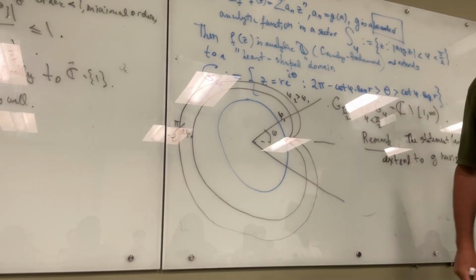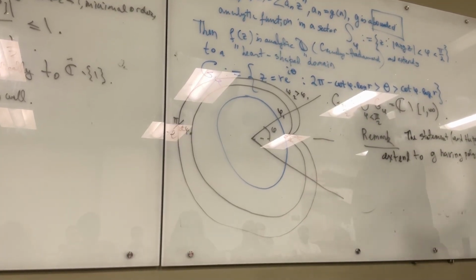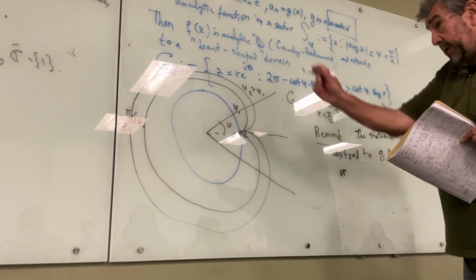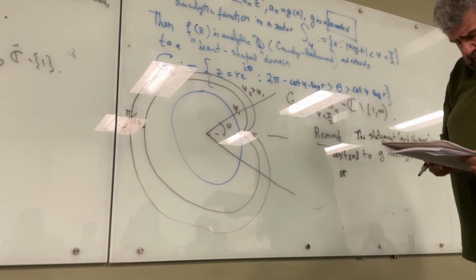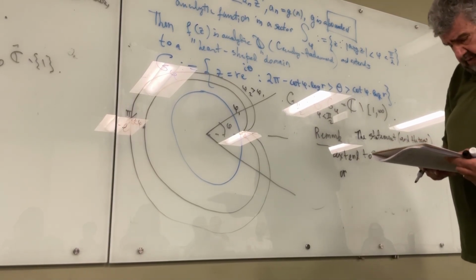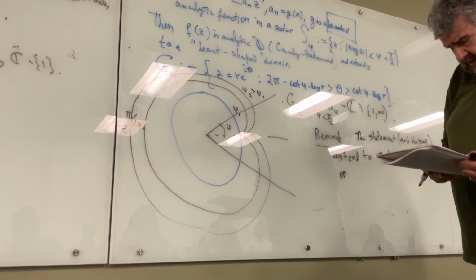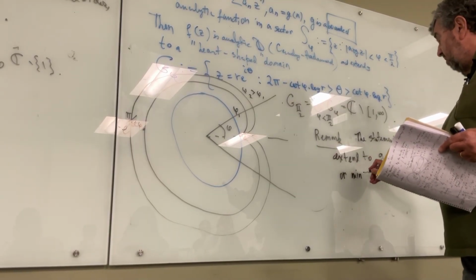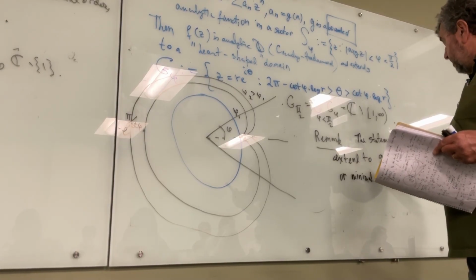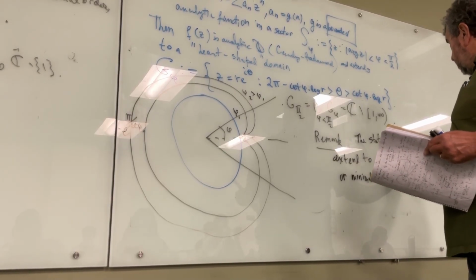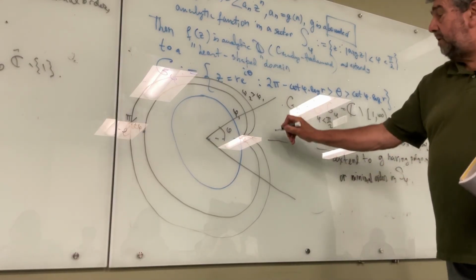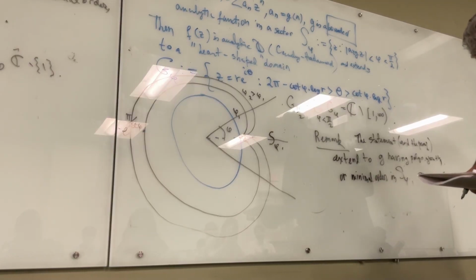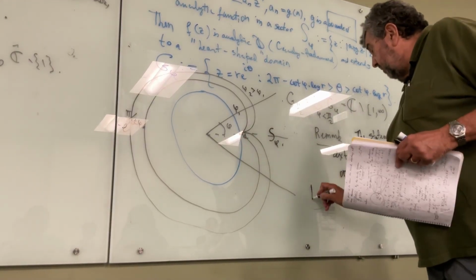Instead of being bounded in the sector, it grows not faster than some power, or minimal order, but in the sector. It's terrible terminology, but it's in this sector. Okay. Now, that's what I want to say.